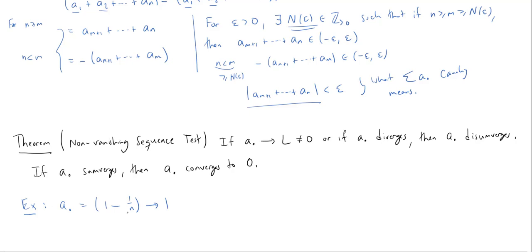But because a_dot converges to 1, and 1 does not equal 0, this immediately implies, by the non-vanishing sequence test, that the sum of a_dot diverges. Okay, so the sum sequence or the corresponding series diverges. So this is very handy, and this is the direction that we're typically going to employ it. Either we know a_dot diverges, or we know that a_dot converges to something other than 0.